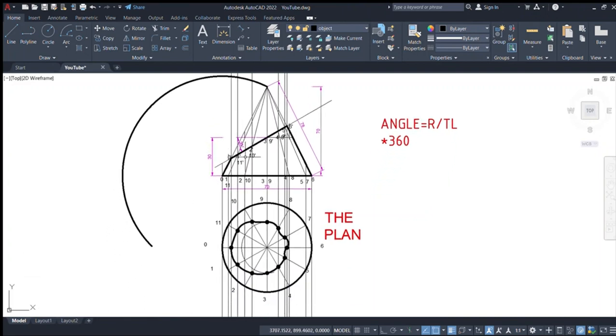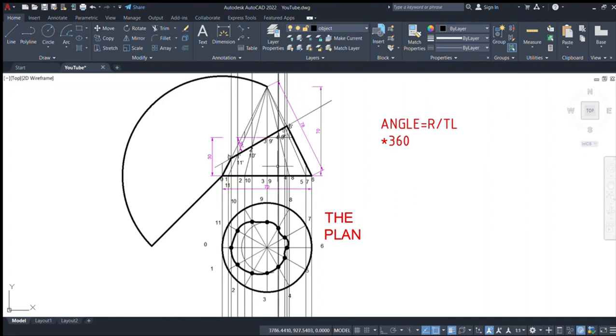So that's our angle. So what we do, we just join from this point to the end here. And also we can make this. So from there, subdivide this arc into 12 points. This arc subdivided into 12 points.